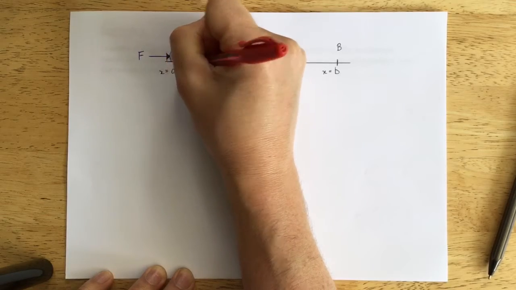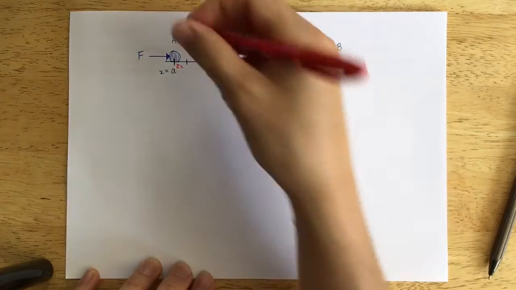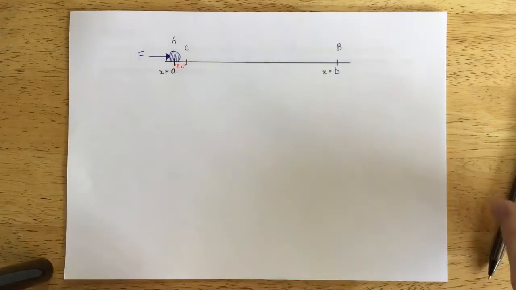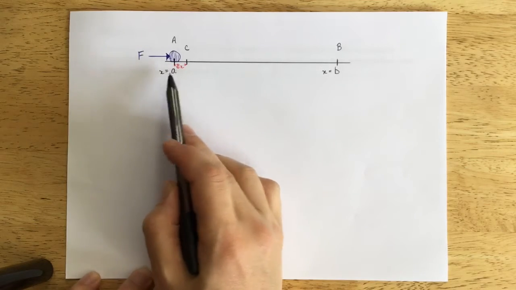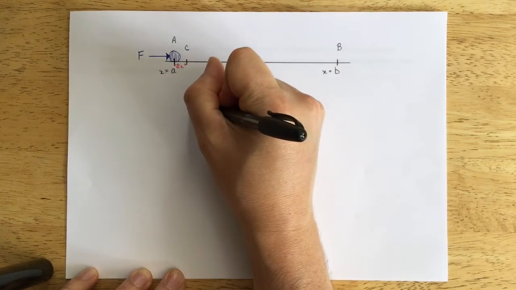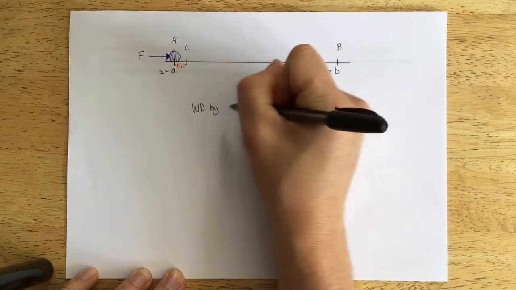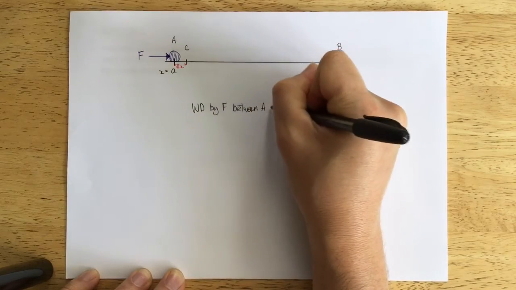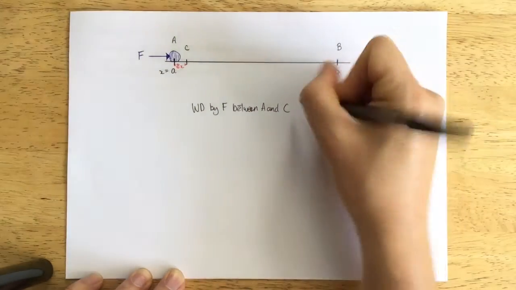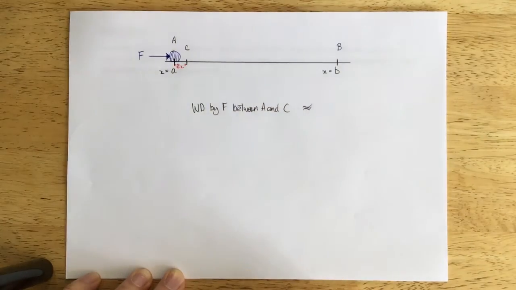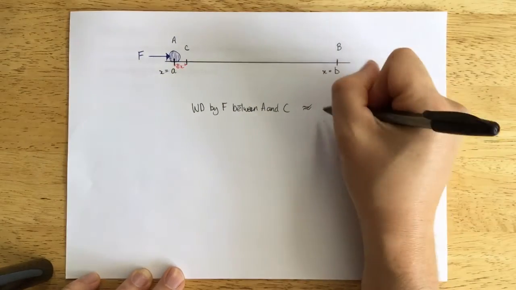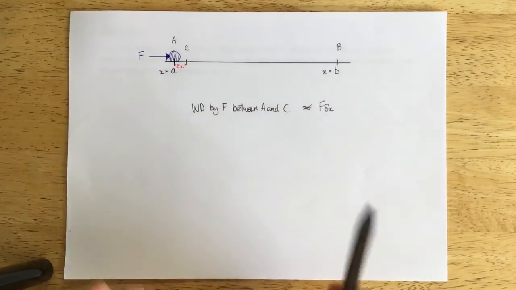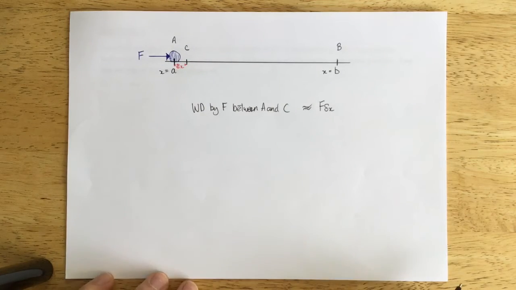I'm going to call it delta x, going from A to C. If that value is small enough, and we imagine that it's a really, really tiny value, then the work done by the force between A and C is very roughly, almost, just got by saying that's the force times this tiny little value, delta x. And we can only do this because delta x is so small that it's almost insignificant.